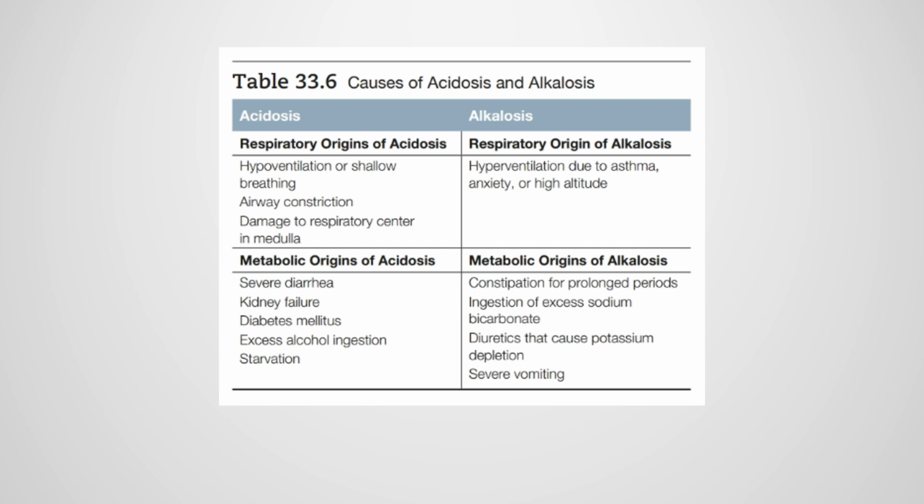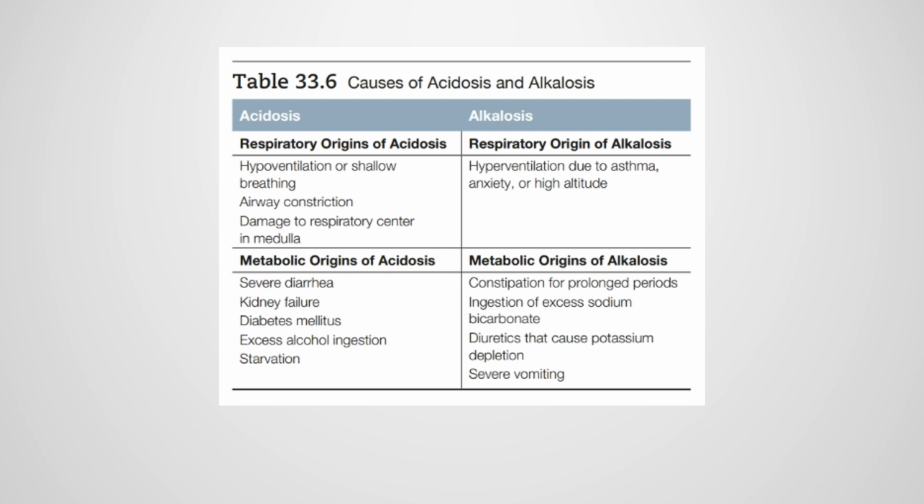Well, with severe vomiting, your stomach is filled with acid, H+. So if you are repetitively vomiting, your stomach tries to replace the H+ by secreting more of it into the stomach lumen, and you continue to vomit it up. So you're losing a lot of H+, and you're becoming alkalotic.